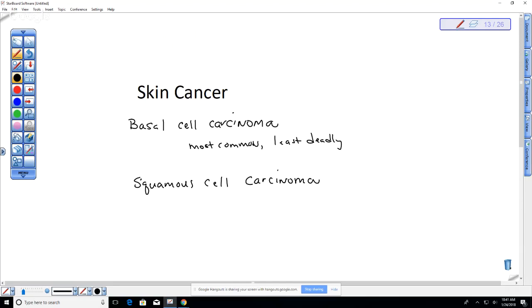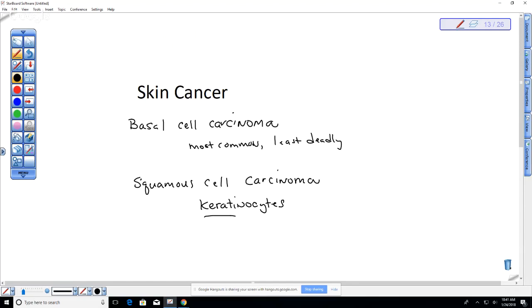And these cells that make up the outer layer are called keratinocytes. So keratinocytes are the cells that are filled with keratin. If you catch it before it metastasizes, it can be cured. It's not that deadly, but it does metastasize more frequently than the basal cell carcinoma.